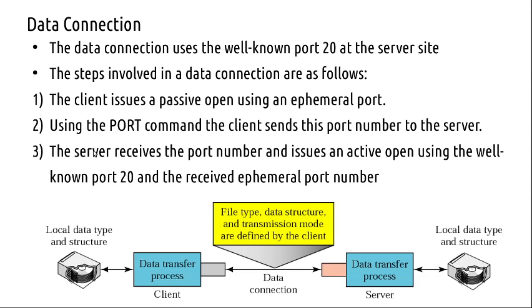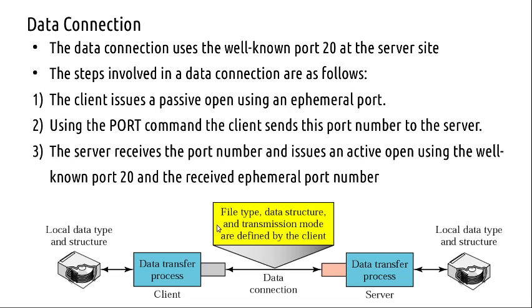Once that is over, the data transfer can take place. It will do a passive open using a temporary port number and send this port number to the server, and the server receives the port number and issues an active open. That is the way in which the data transfer will take place.